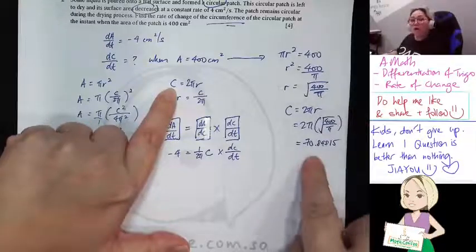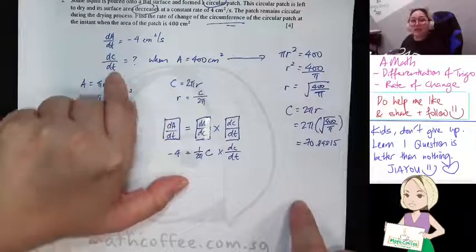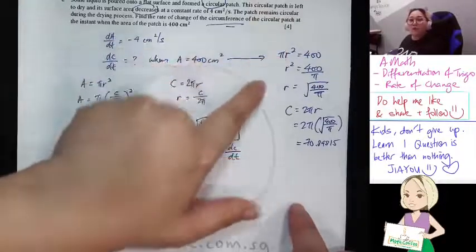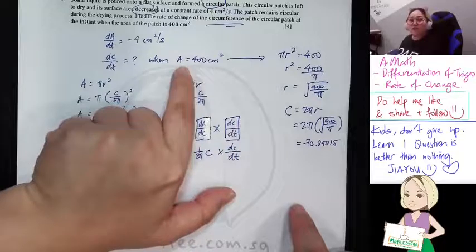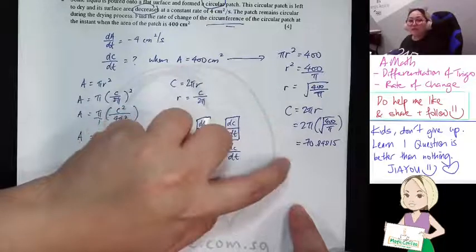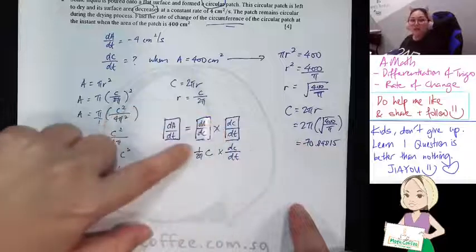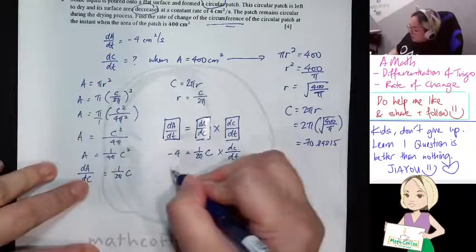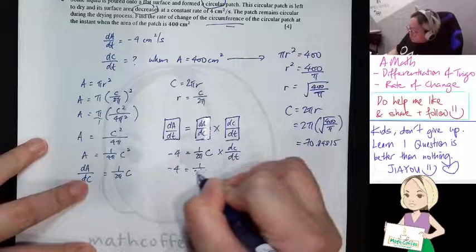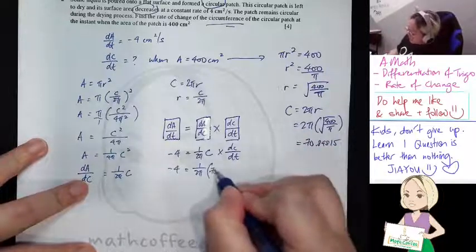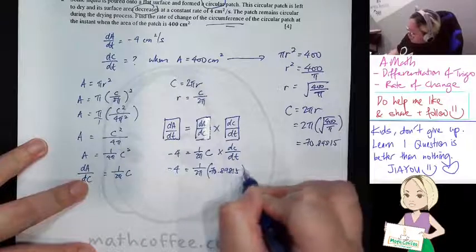So when they say find dC/dt at A equals 400, A equals 400 represents the circumference being 70.89815. Then I can sub this in. So it becomes minus 4 equals 1 over 2 pi, bracket 70.89815.